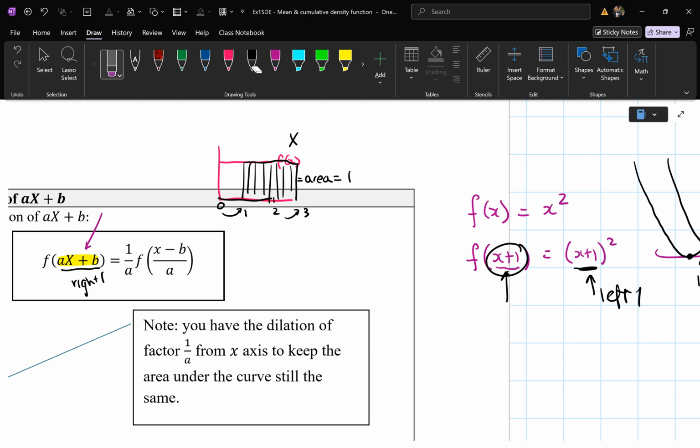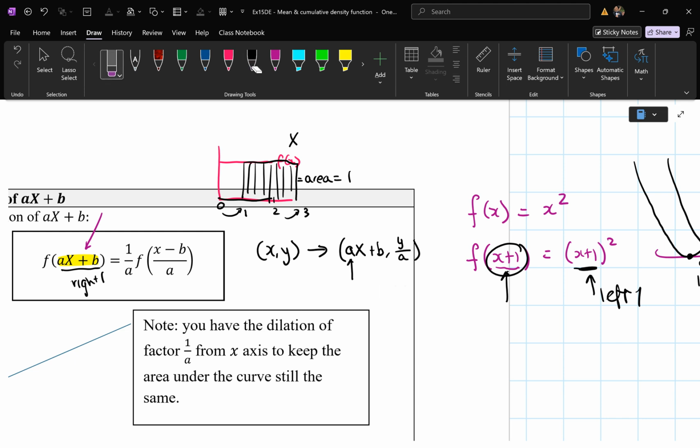Another way to picture it is I'm saying for every x, y coordinate, I want it to now be ax plus b, and the dilation has to be 1 over a to keep the area the same. Because if I'm stretching it from a horizontal compression point of view, then I need to do a vertical stretch in the opposite direction to make it still the same. Otherwise, the area would not be 1.